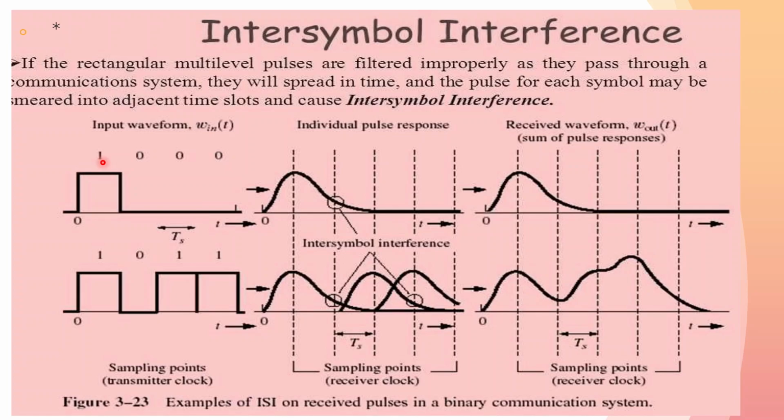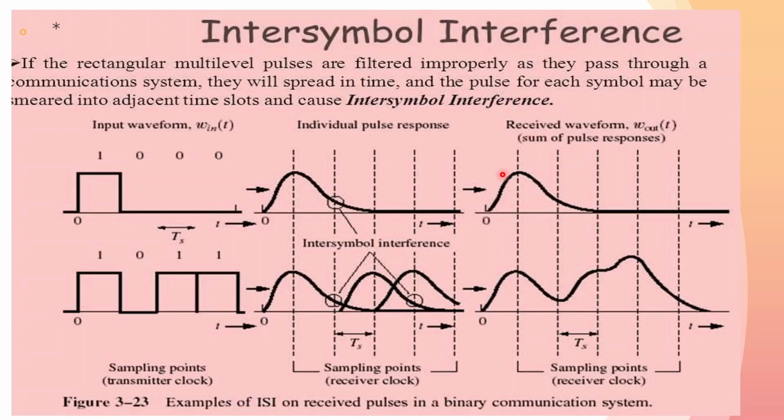Because of limited bandwidth, the pulse gets dispersed and is not confined to its time period. It extends beyond its pulse width duration and interferes with the second bit duration, the second symbol.